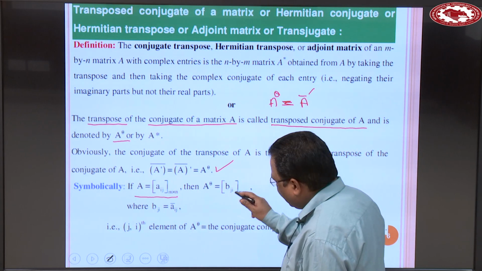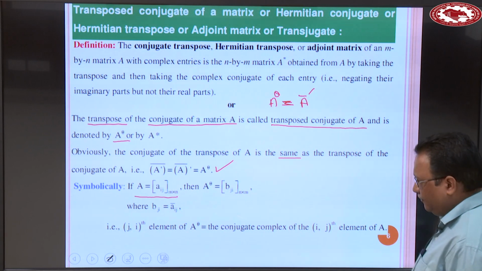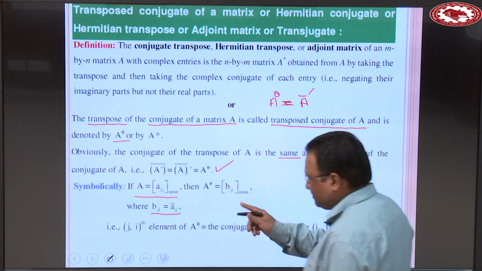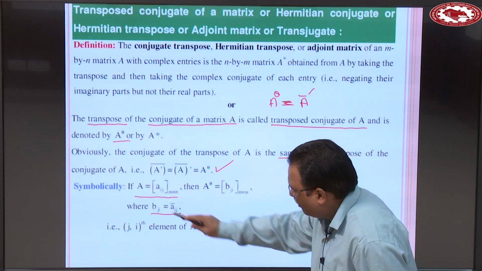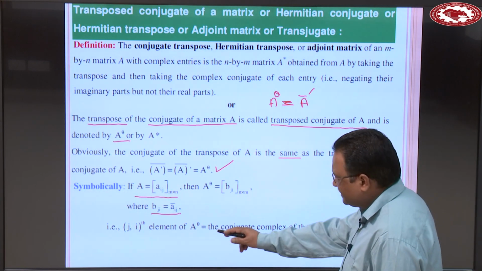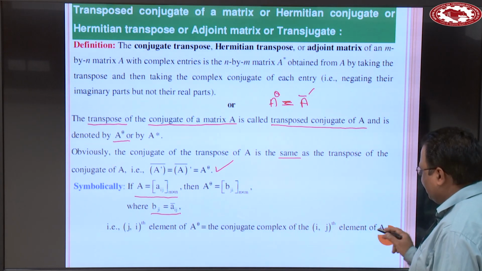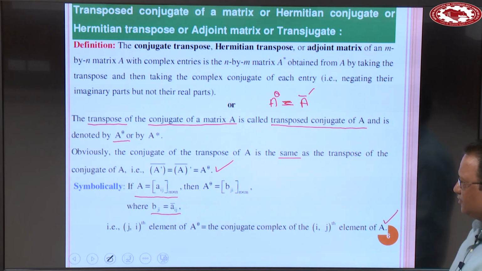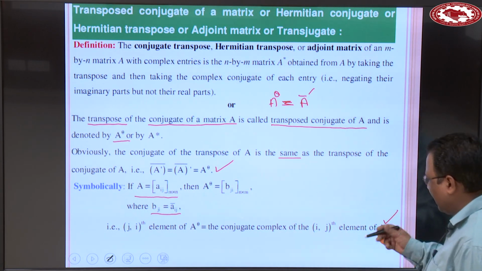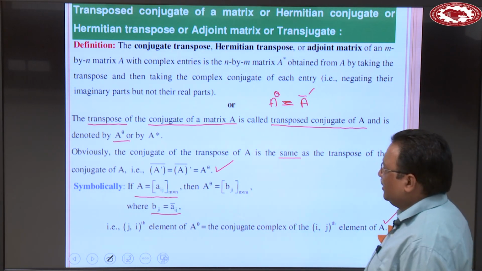But here Bji is equal to Aij bar. This means the jith element of A theta is equal to the conjugate complex of the ijth element of A. A matrix where the jith element of A theta is the conjugate complex of the ijth element of A is called transposed conjugate of a matrix.